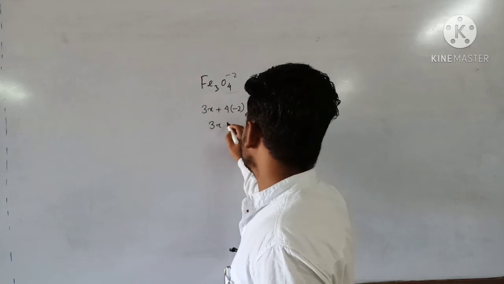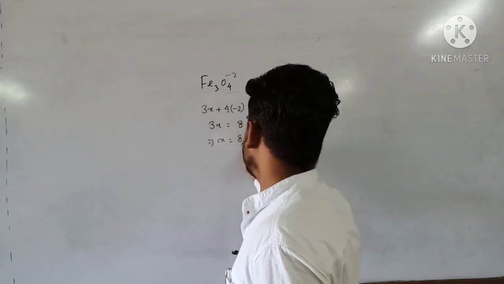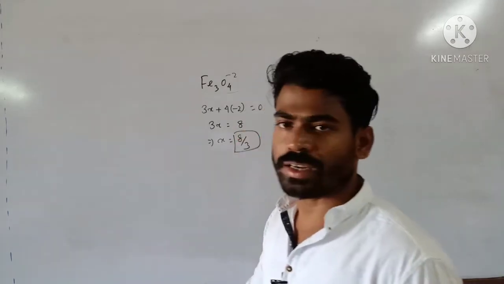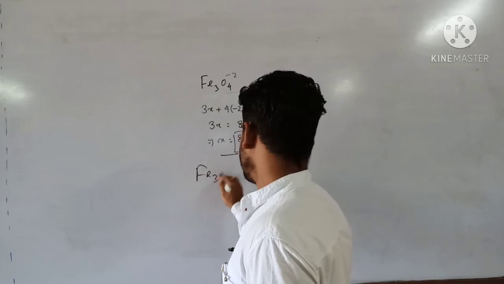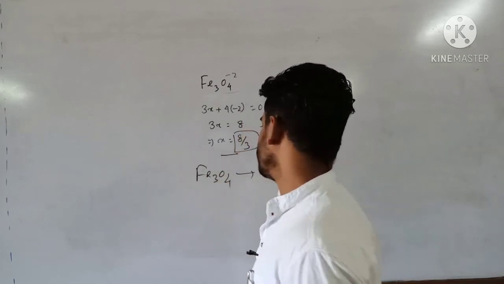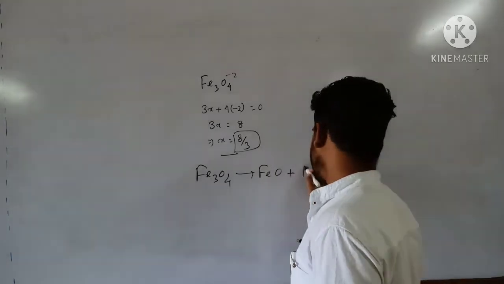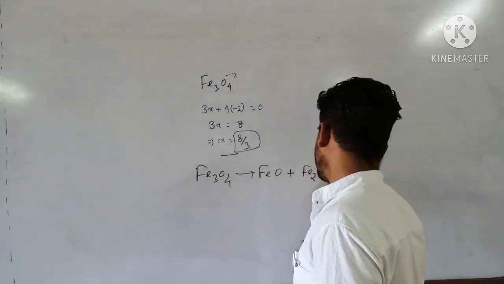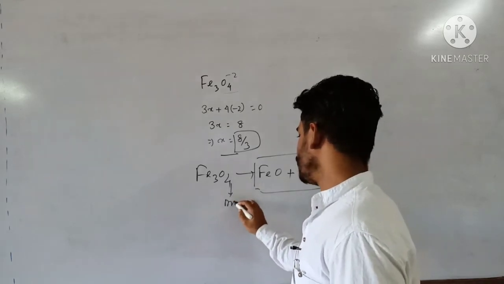So 3x equals 8, which implies x equals 8/3. You are getting a fractional value. So what does it indicate? This Fe3O4 consists of two oxides: one is FeO plus another one is Fe2O3. Clear? So it is a mixed oxide.